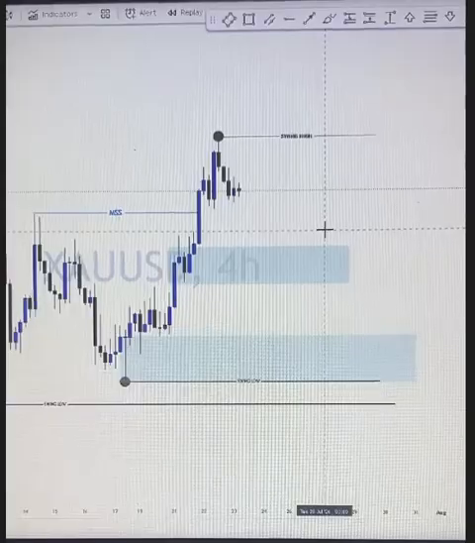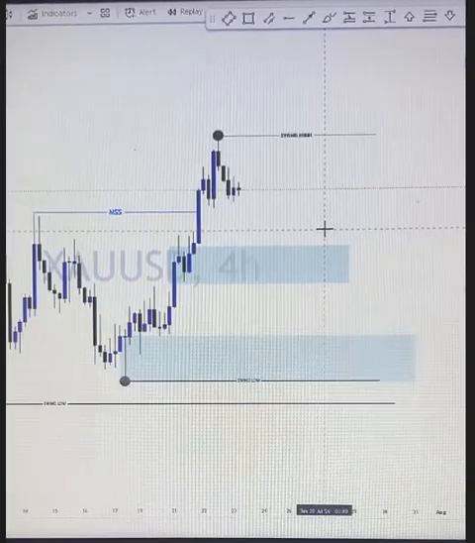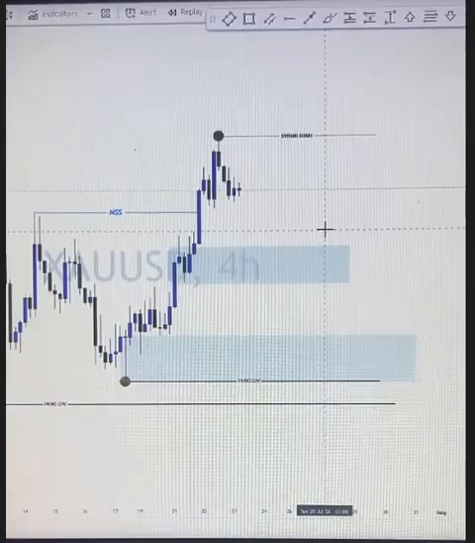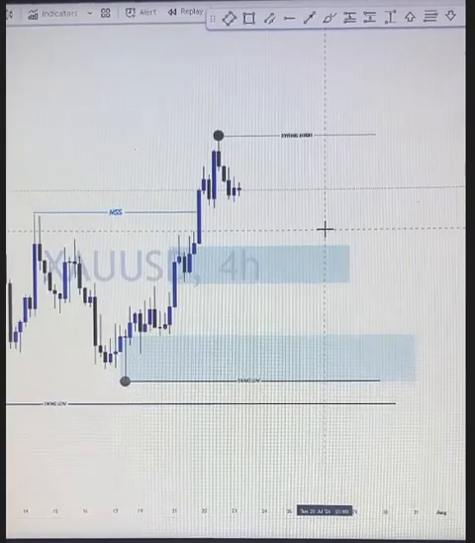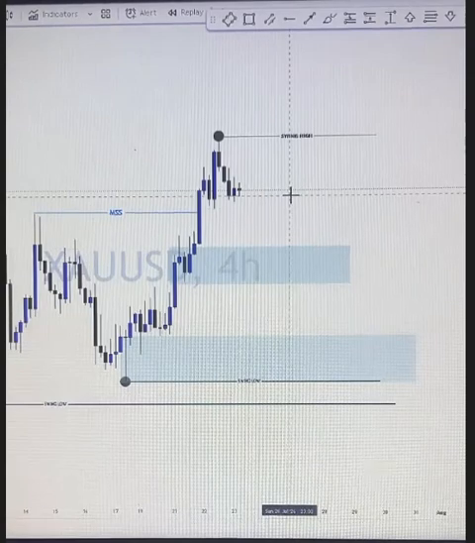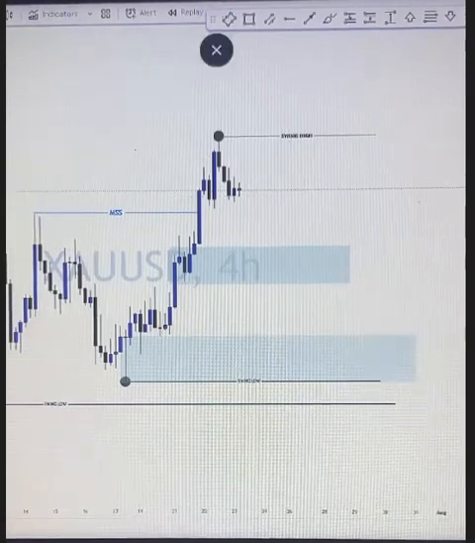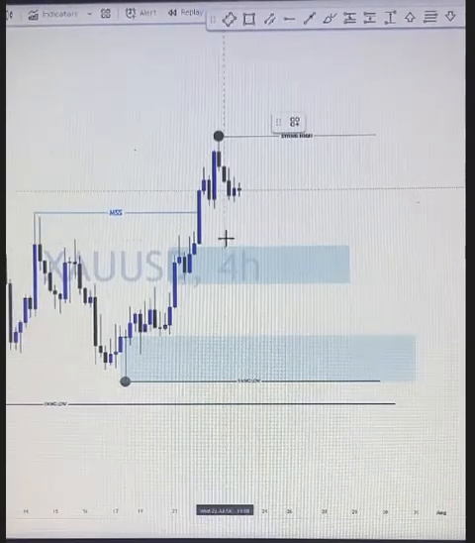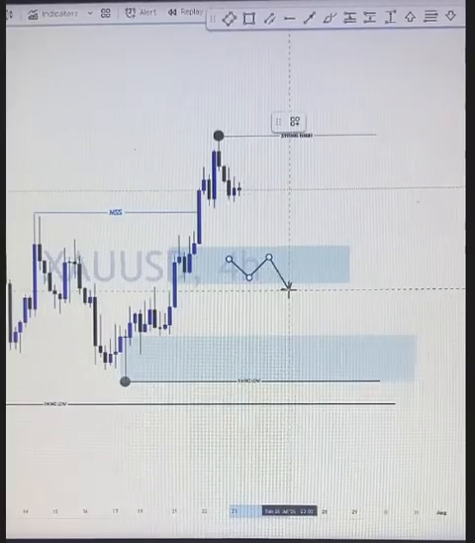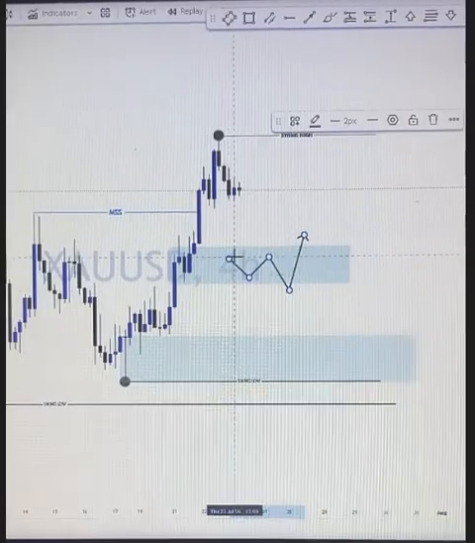This is the problem I have. Someone is asking me on the comment section whether this flip zone isn't going to be induced. Whether this flip zone is induced or not, that is not our problem. All we want to see is what? A market structure shift on 15 minutes after price taps this place.